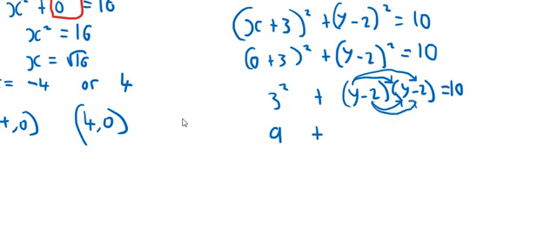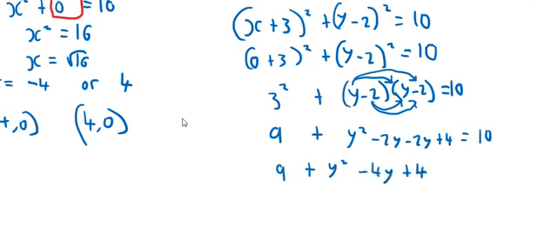So this is expanding double brackets: y² - 2y - 2y + 4 equals 10. So I get 9 plus y² minus 4y plus 4, and then I can put all the like terms together.